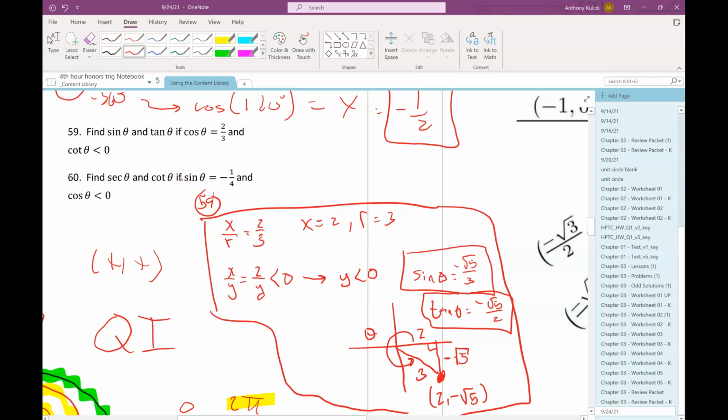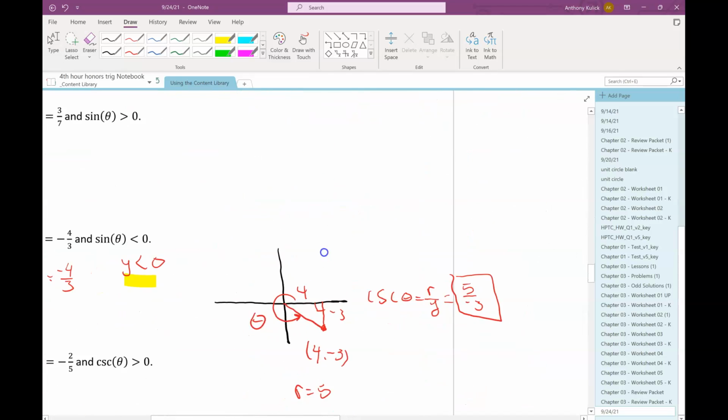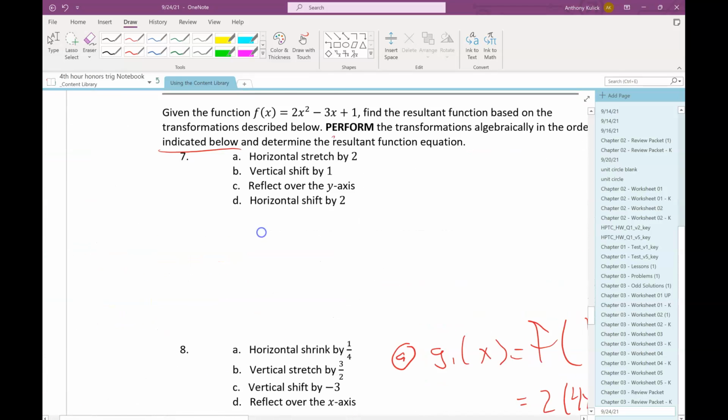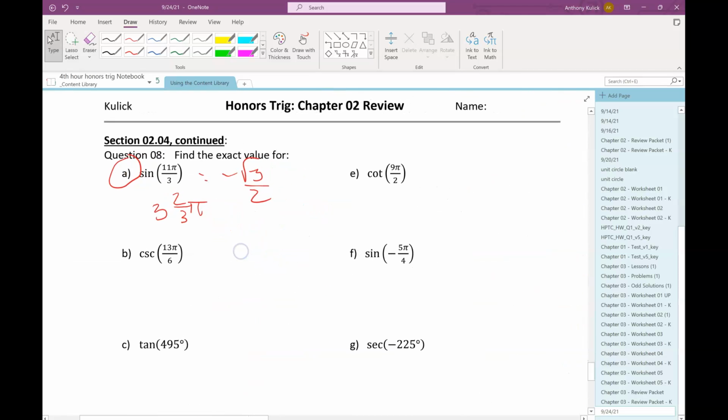This is a follow-up to the one that Mia asked from the review. When you took the 3 out of the 11 pi, that was just because you reduced, correct? I just wrote it as a mixed number instead of an improper fraction.